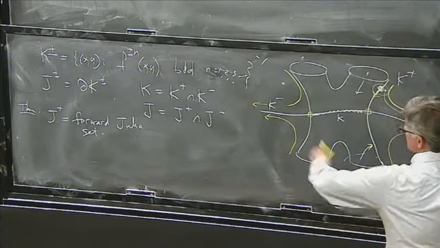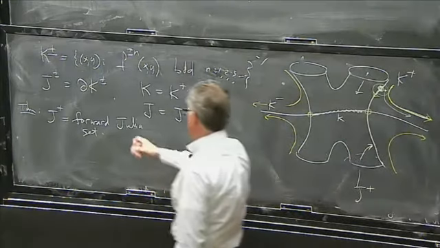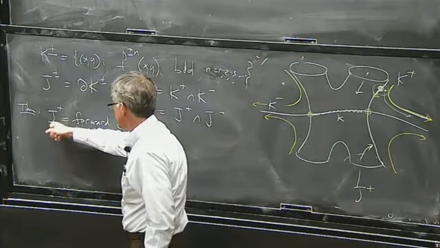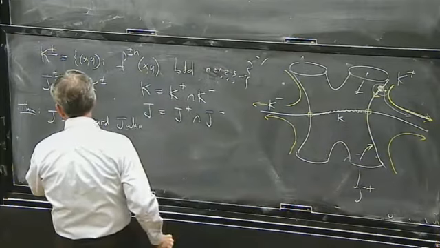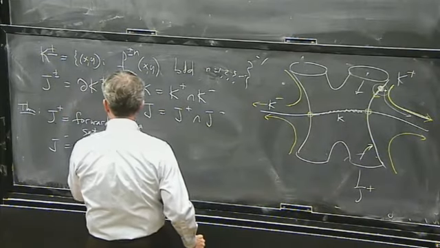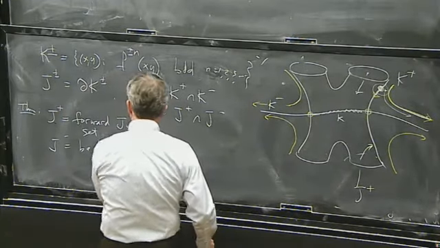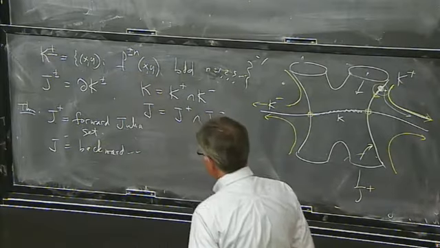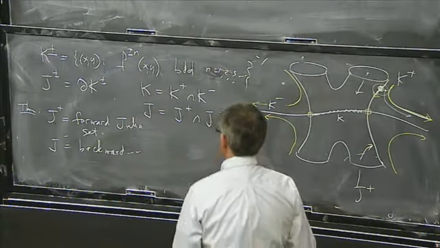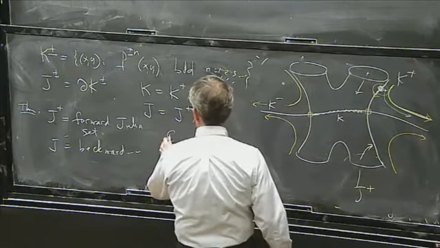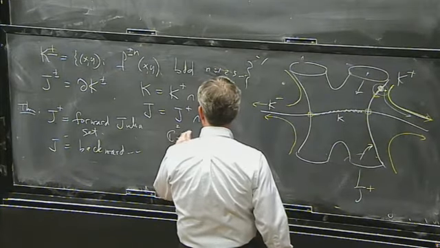Things rip apart. So I have a set J plus where it's not normal, and also J minus is the backward Julia set. So if I think about it here, I've got the complement of J plus.